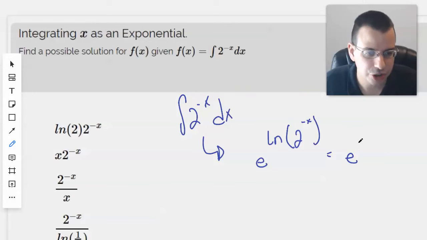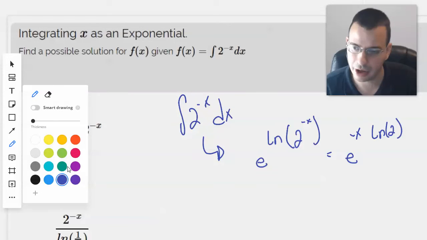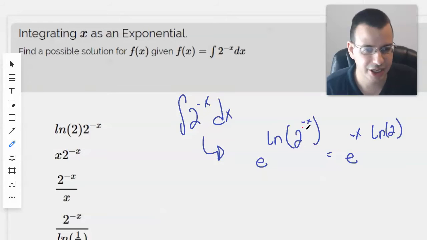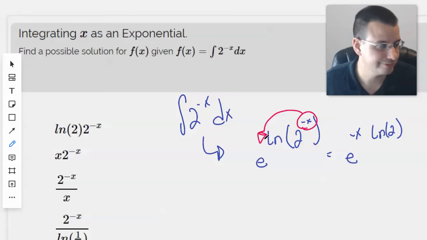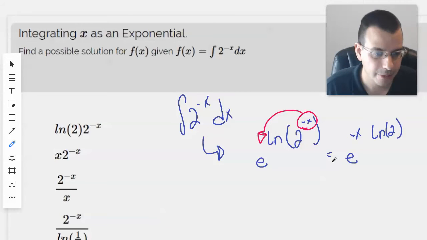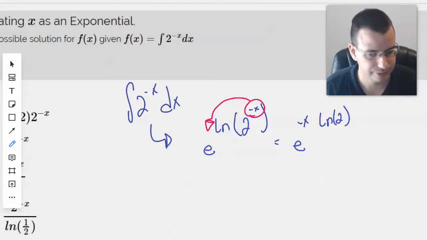But we can use log rules. I like to refer to this rule as log rolling, because if you imagine this negative x exponent up here as a log, whoop, it rolls down to there. Completely legitimate. Okay, so now we're left with this.